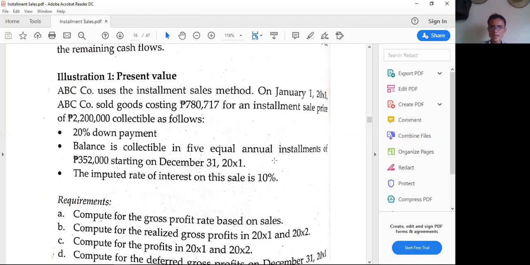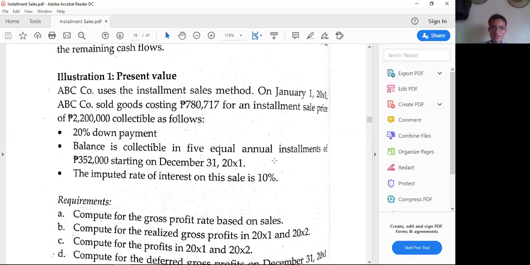In our financial accounting and reporting, remember, in a particular situation that the problem is silent, meaning it's not stated as to whether there is an interest bearing or non-interest bearing note.